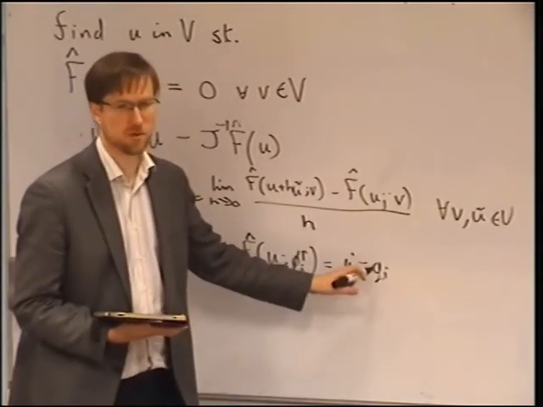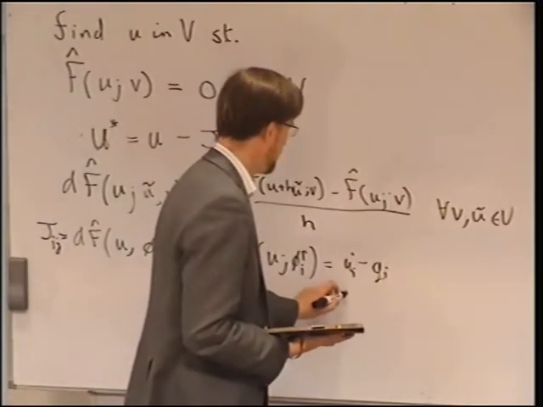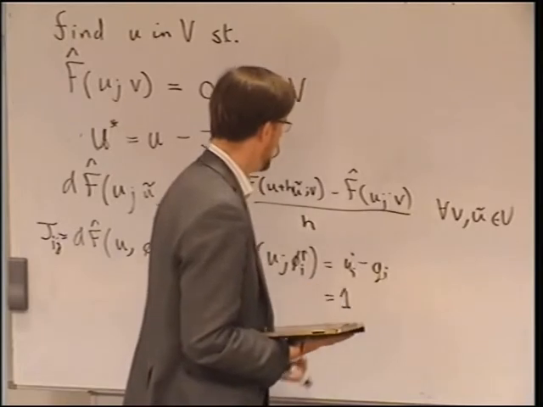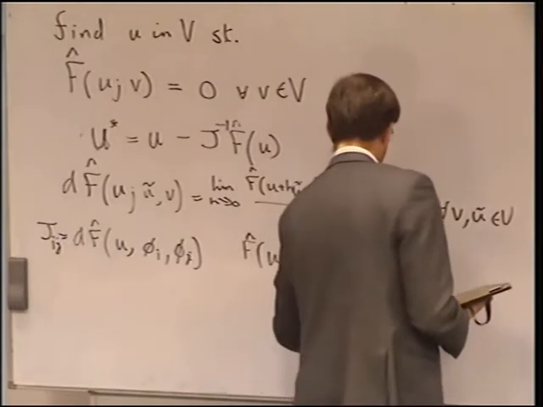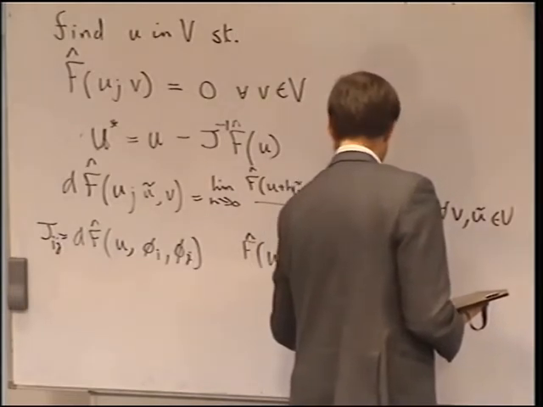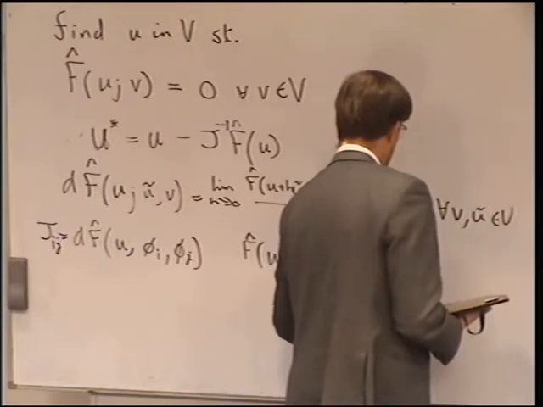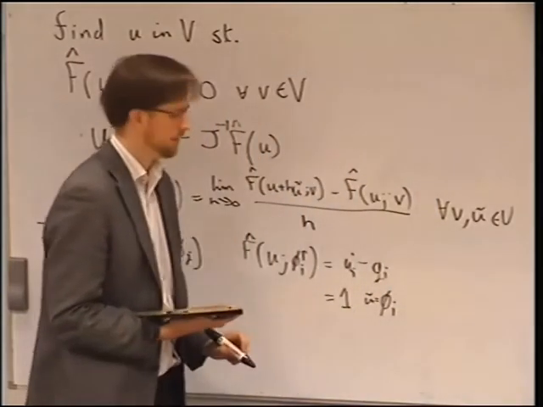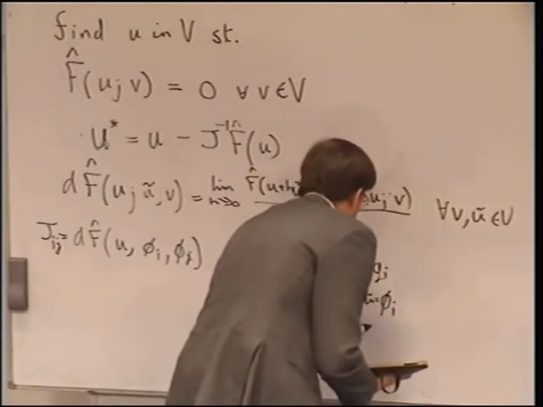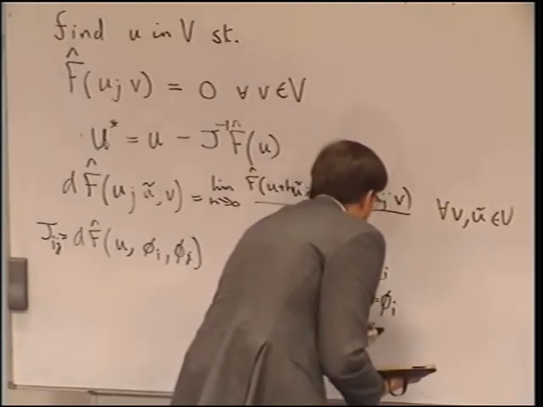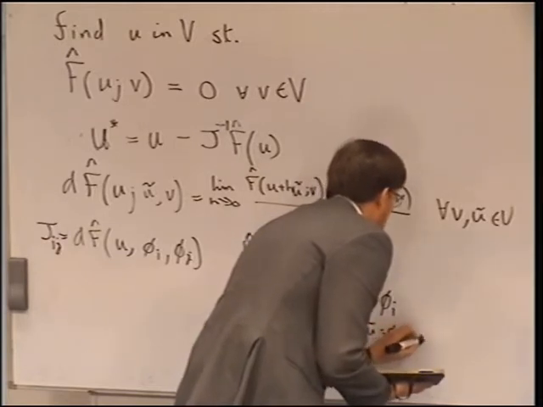Well, that's a constant term, so the derivative of that part is 0, and the derivative of this part is 1 for u tilde equal to phi i, and it's 0 if u tilde equals phi j not equal to i.